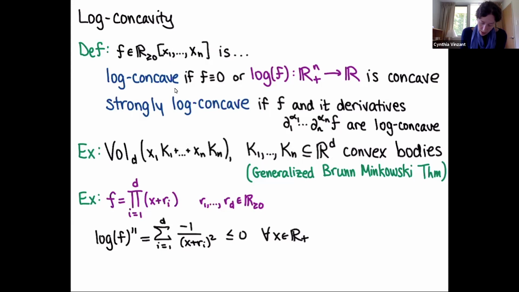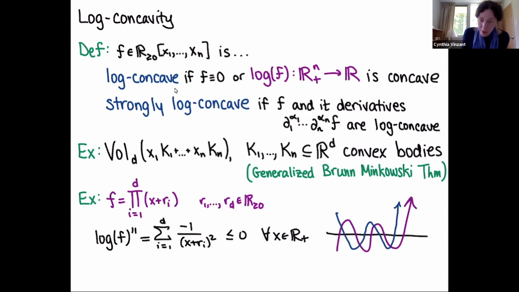And in fact, it's strongly log concave, because if you imagine we have f, it has a bunch of roots, and then we take its derivative. The roots, again, will all have to be real and they will have to interlace. And so in particular, if they were all negative before, then the roots of the derivative, f prime, will also have to be negative. And so we get a polynomial of exactly the same type. And so we can do exactly the same calculation and see that it's, again, log concave.